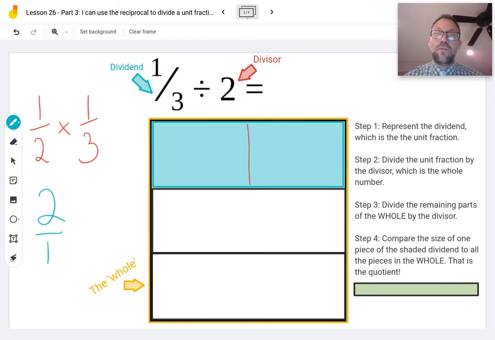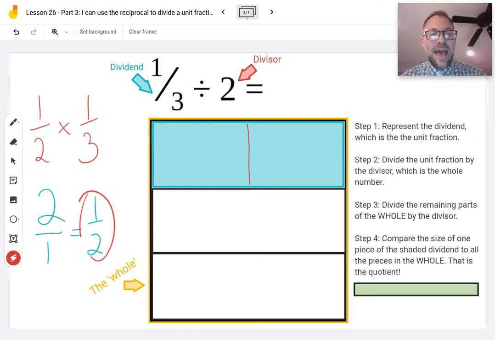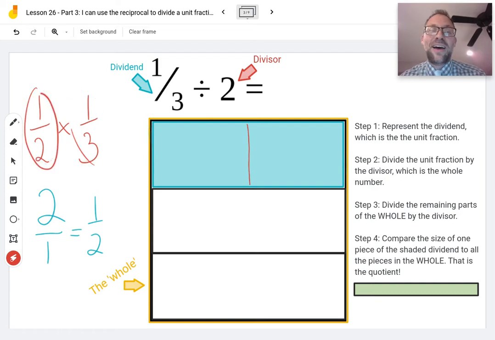Well, if we take 2 over 1 and flip the numerator and denominator on their ends, we get 1 over 2. And that is a half. And that is what we're already finding. That's the size of the piece that we're already finding of 1/3. 1/2 of a third, or 1/2 times a third. We're multiplying by the reciprocal of the whole number.